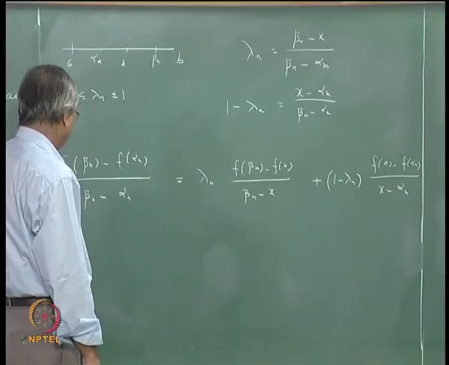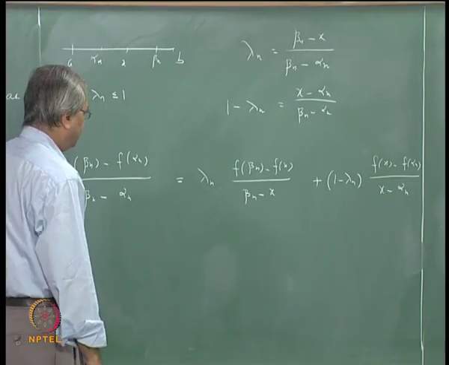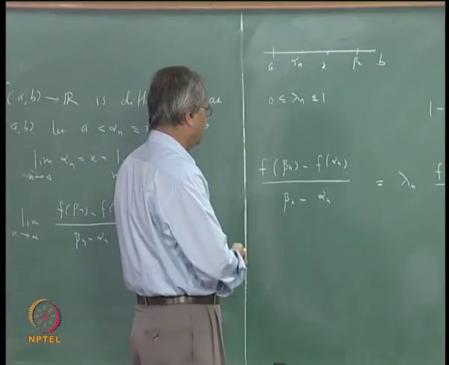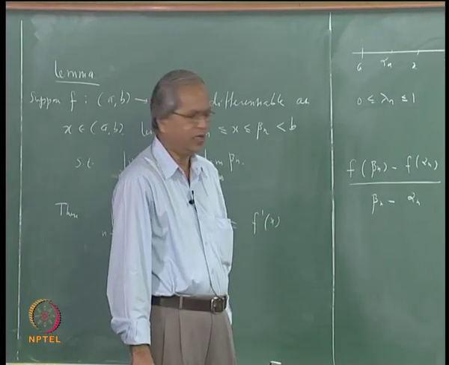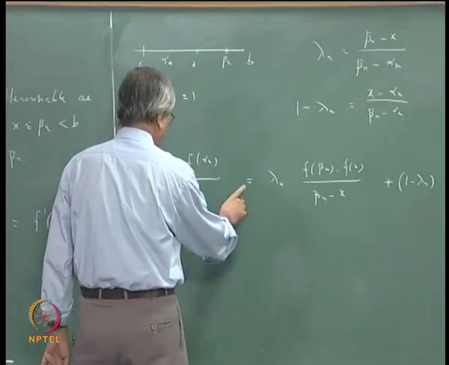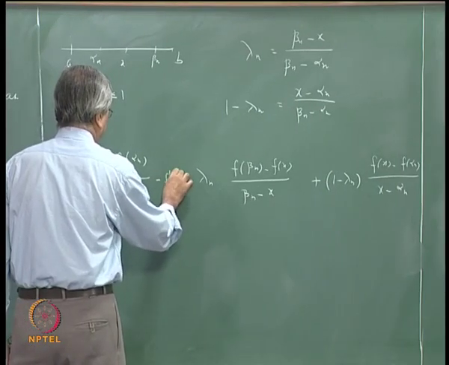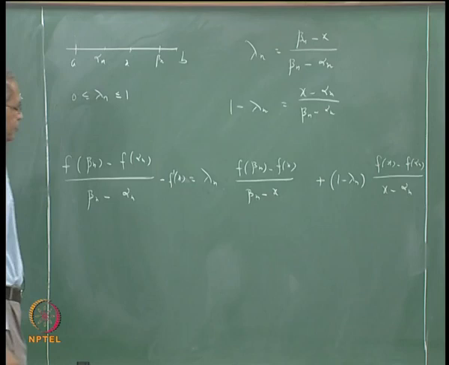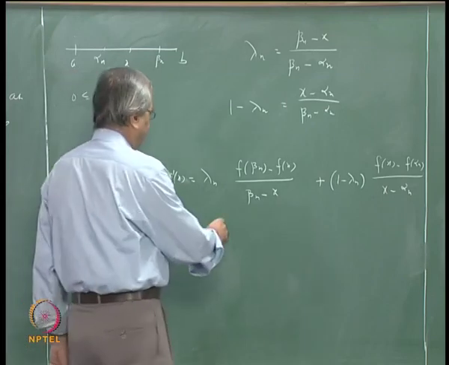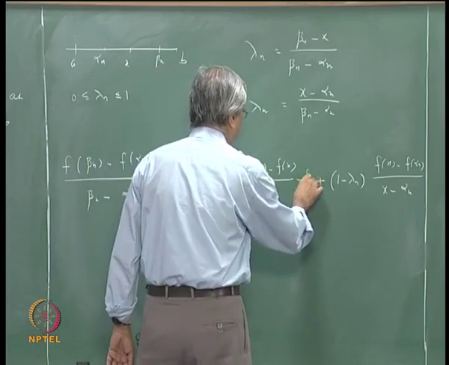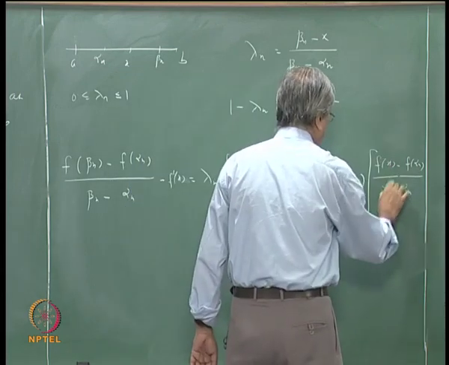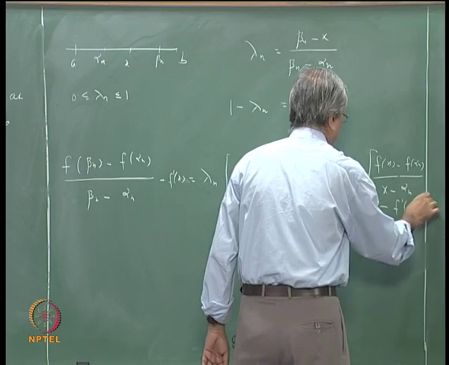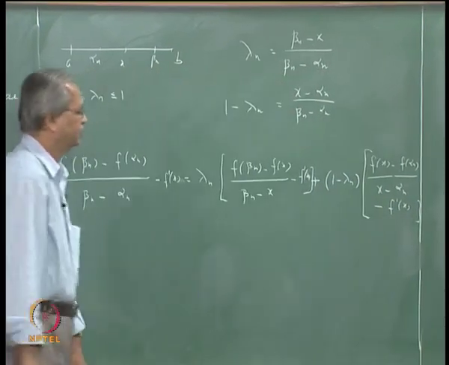What we can also say further is that I will subtract f'(x) from both sides. So I can say that this minus f'(x) is equal to lambda_n into this minus f'(x), plus (1 - lambda_n) into this fraction minus f'(x).